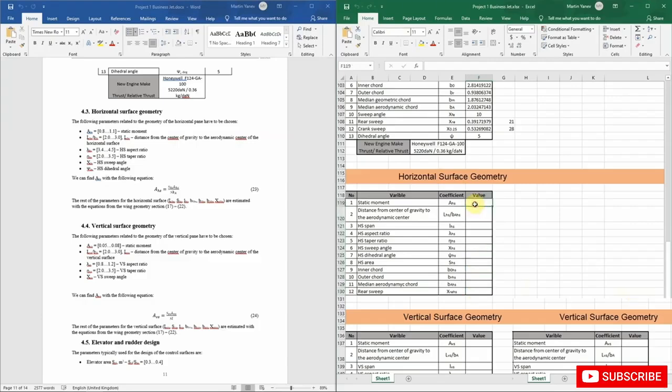Some of the parameters for the horizontal stabilizer we're going to add in this table, and then see if our static moment is in the range between 0.8 and 1.1. If it is not, then we're going to choose other characteristics in order to meet the static moment so our aircraft flies properly. So let's write the equation.